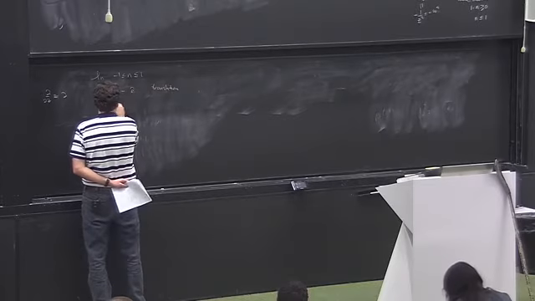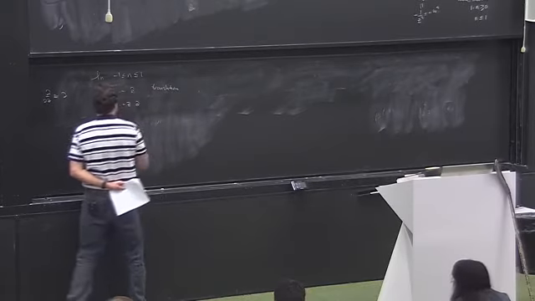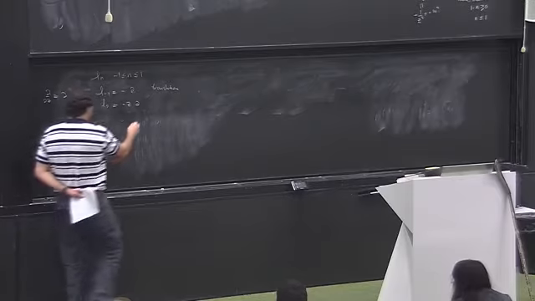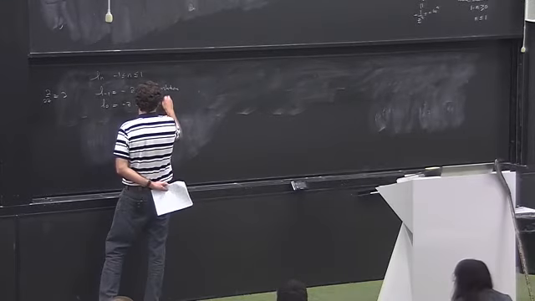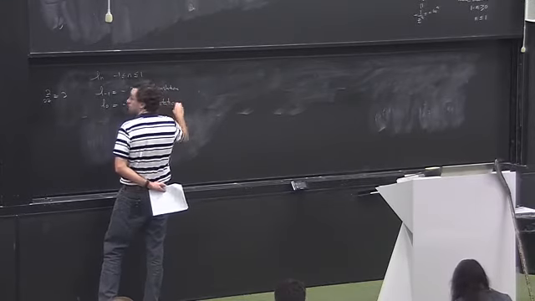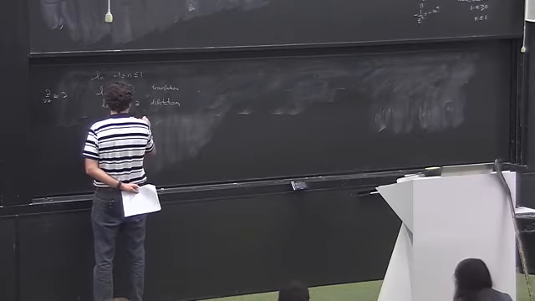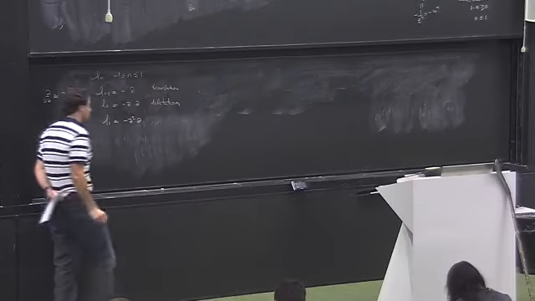Then we get L0, which is minus z d/dz. What is that? The dilatation. And then I have L1, which is minus z squared d/dz. Which one is that?